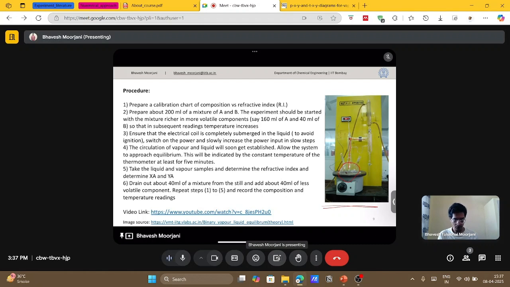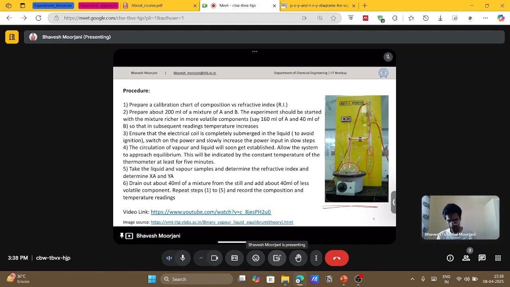That vapor will go into this collecting chamber, which is jacketed by flowing liquid water on the outside, because of which this vapor will be condensed, and then it will fall into this sampling part, from where you take the sample. You put this sample into the refractometer, find its refractive index, and backtrack and calculate the composition. So this is how we will find the composition of our mixture in the vapor phase.